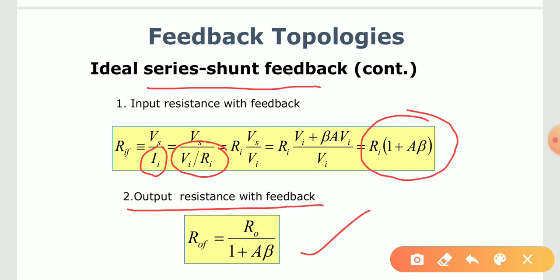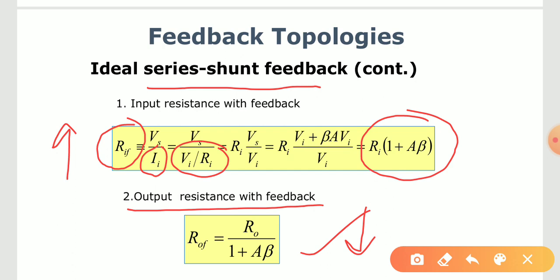That means for the series shunt, the total feedback input impedance rises, so the input impedance will be high, and the output resistance is reduced by a factor of 1 by 1 plus A beta.